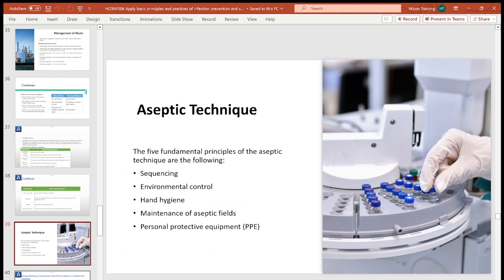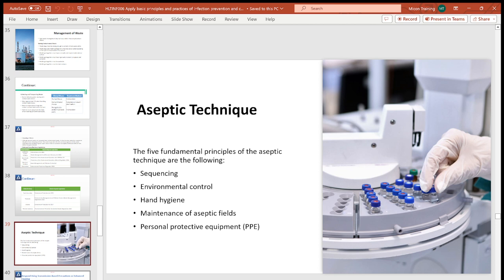Aseptic techniques. The 5 fundamental principles of aseptic technique are the following: sequencing, environmental control and hygiene, maintenance of aseptic field, and use of PPE. Aseptic technique means that we have to do everything with utmost cleanliness.